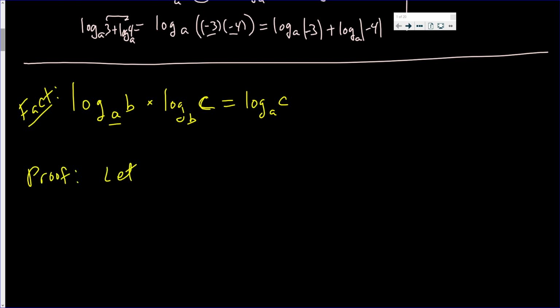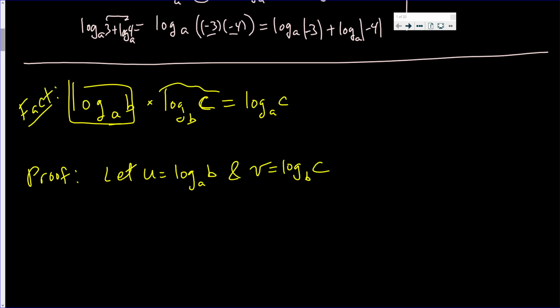How about we let u equal log base a of b, and let v equal log base b of c. Okay, well, this means that a to the u is b, and this means that b to the v is c.